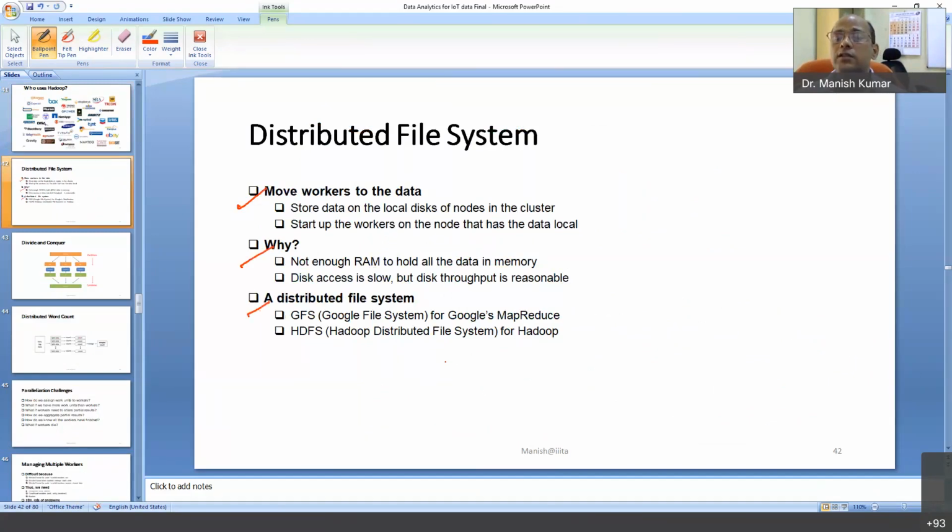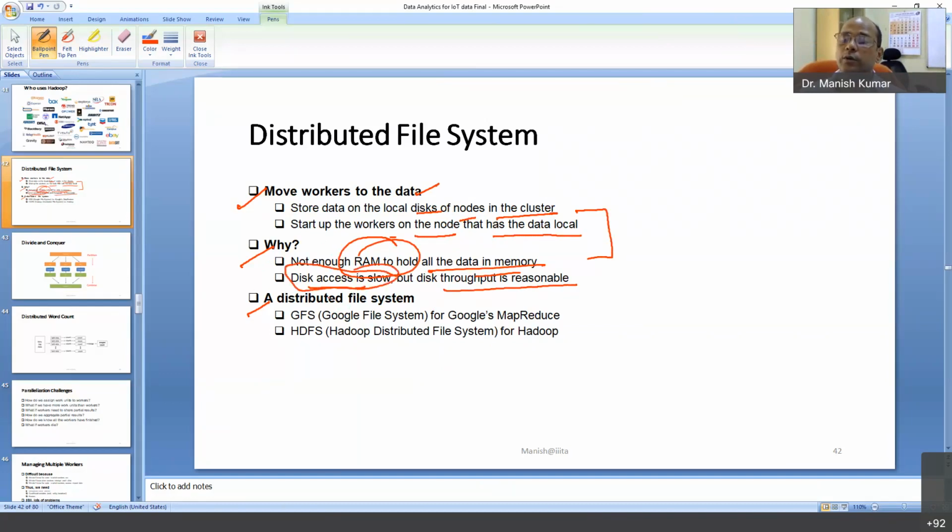So the idea is to move workers to the data. That means storing data on the local disk of nodes in the cluster and starting up the workers on the nodes that are data local. Okay, this is the first thing. Why do we require that? Because you don't have enough RAM to hold the data, and disk access is slow, but disk throughput is reasonable.